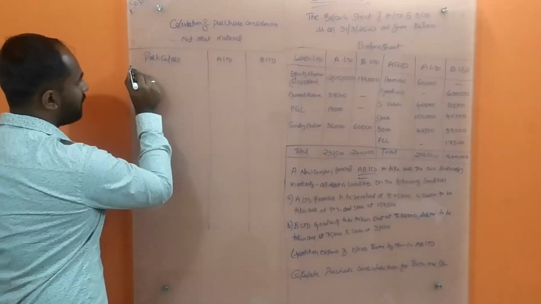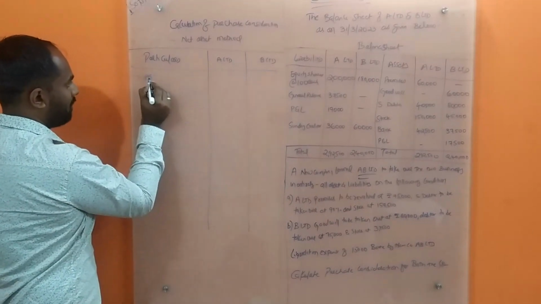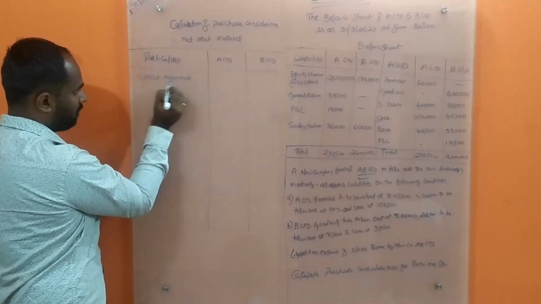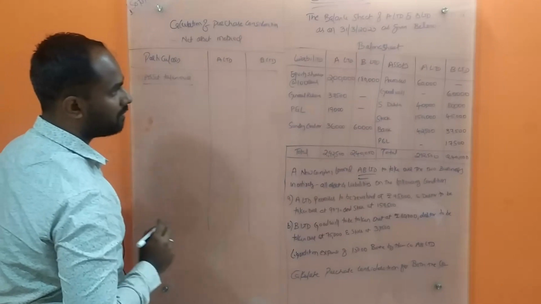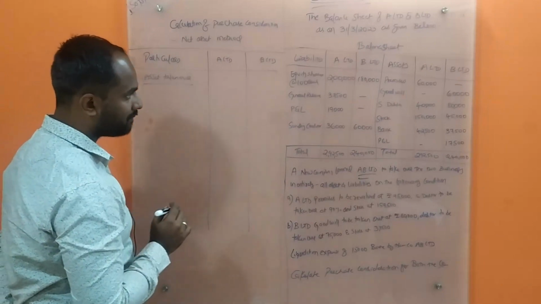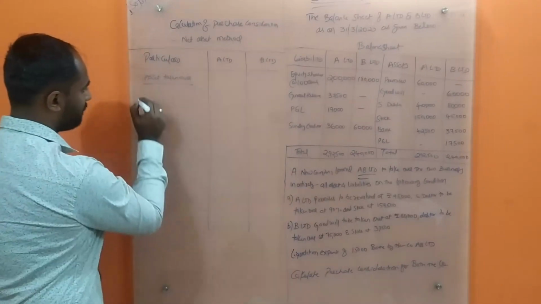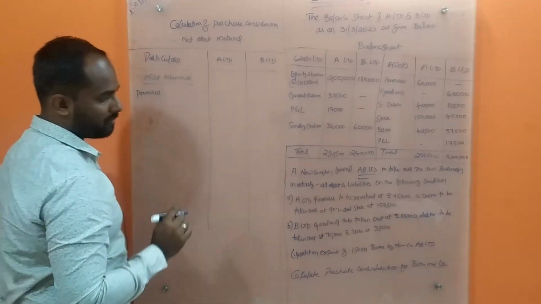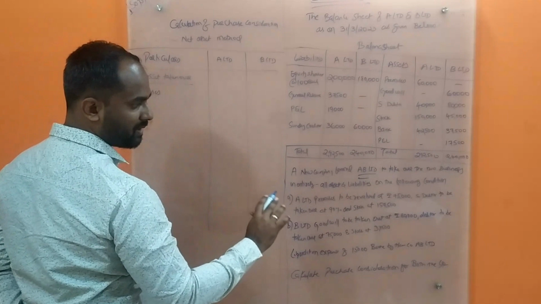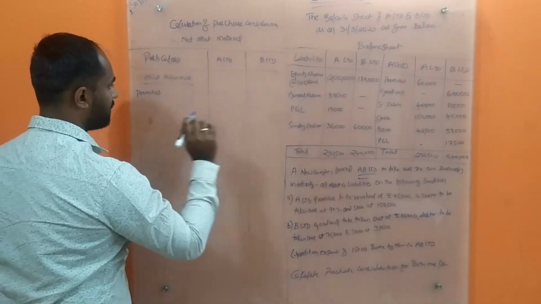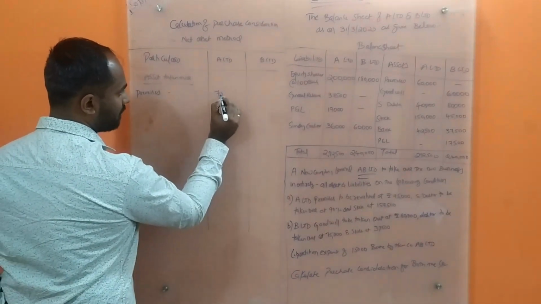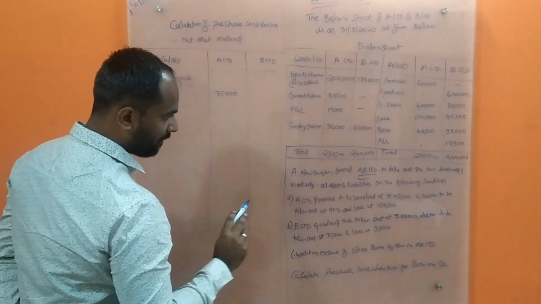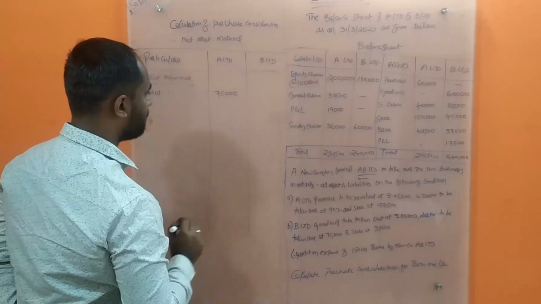First item: all the assets taken over. First, A Limited only. Premises: 60,000, but in the statement they say A Limited's premises are to be revalued at 75,000. Instead of 60,000 you will put 75,000 here. This is the revaluation amount. Second, debtors are to be taken at 90%.